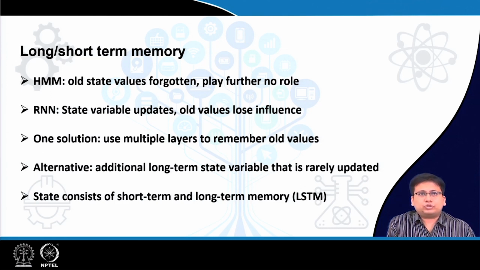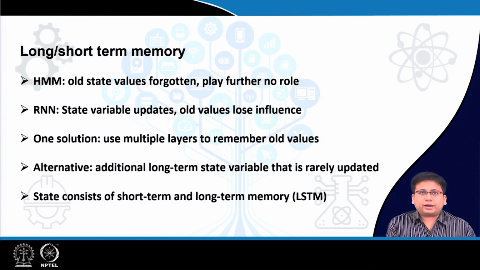So one solution to this problem might be to use multiple layers to remember the old values. We have already talked about this: instead of having a single state value zt, let us have a sequence of state values z1, z2, zt, zk and so on, each of which is updated at every time step.